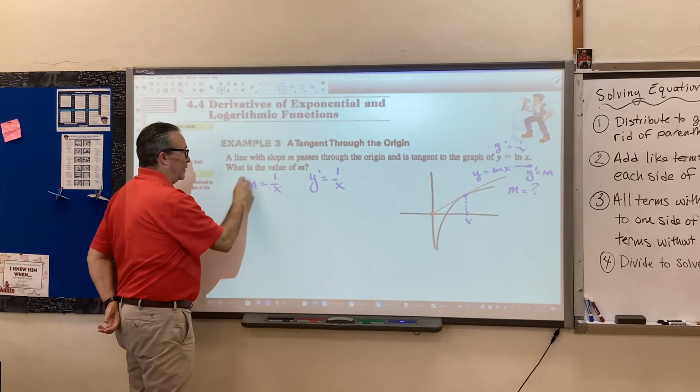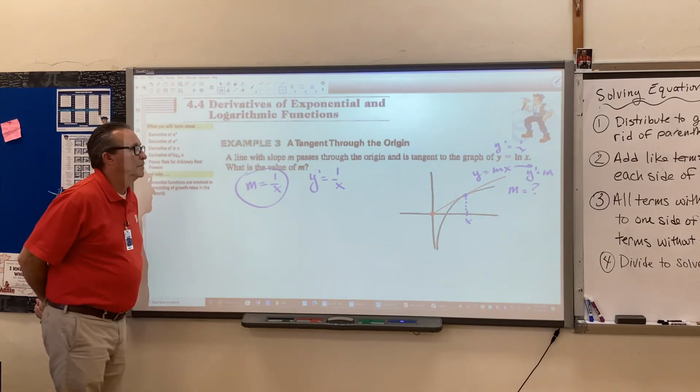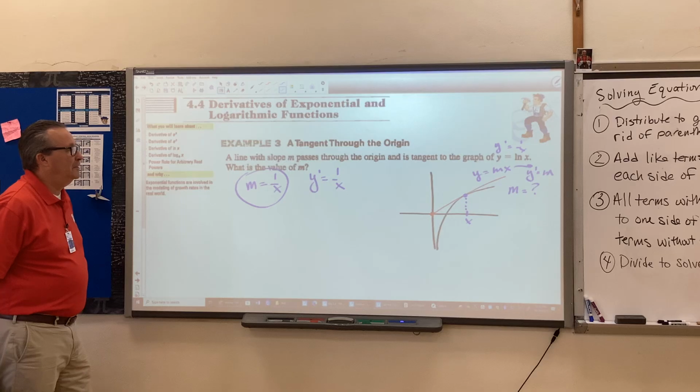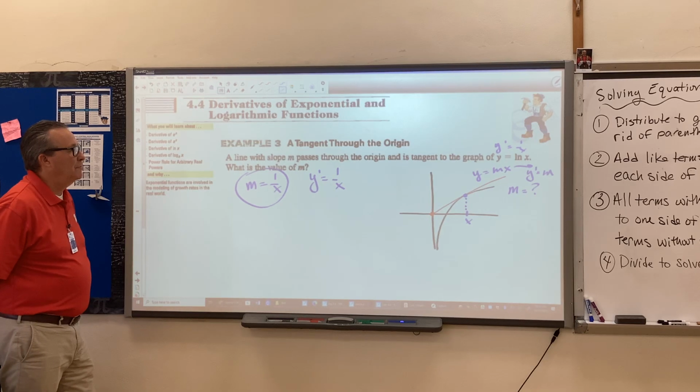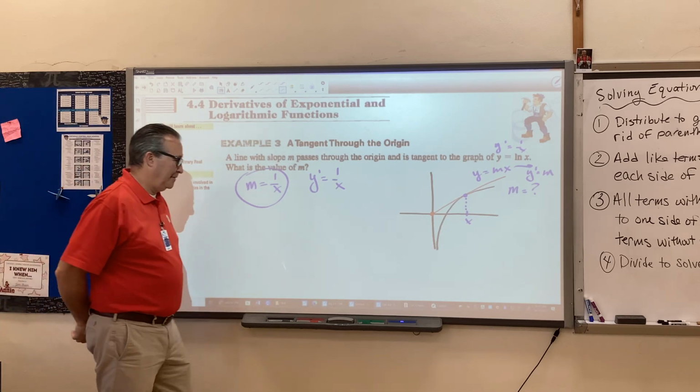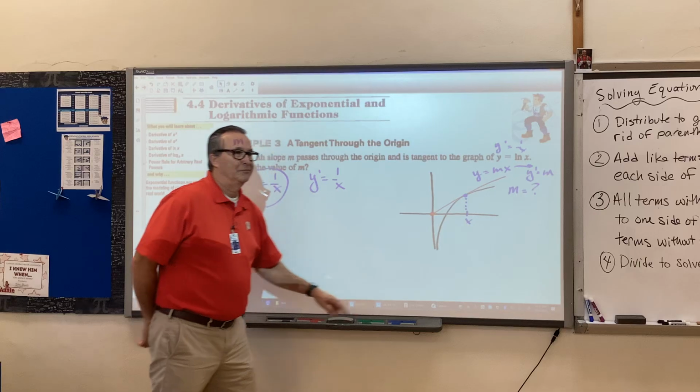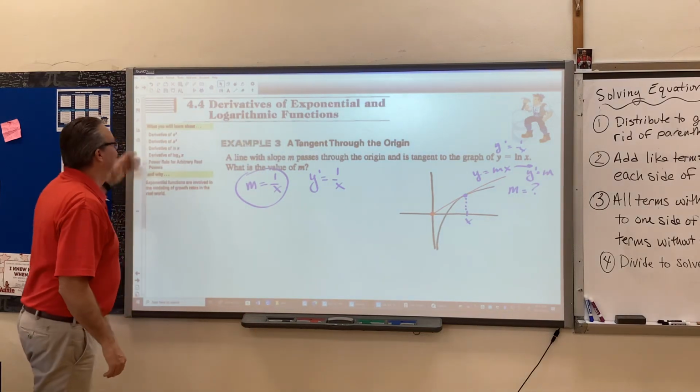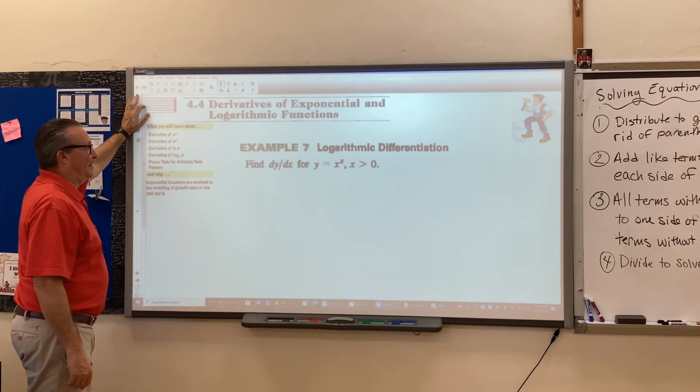So m equals 1 over x. That's all I know. Typically, you set derivatives equal to each other, and I did.